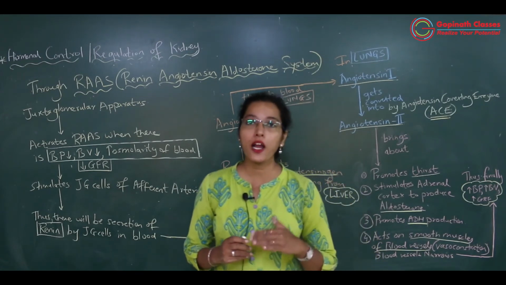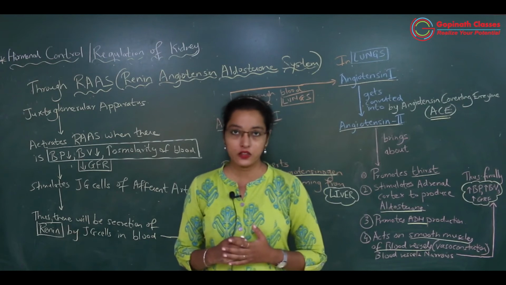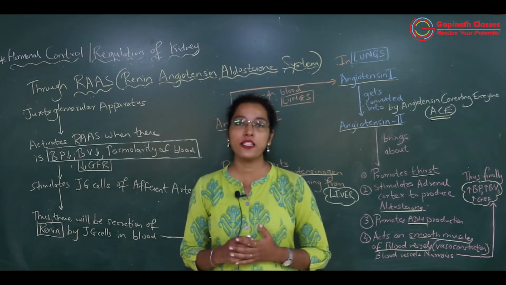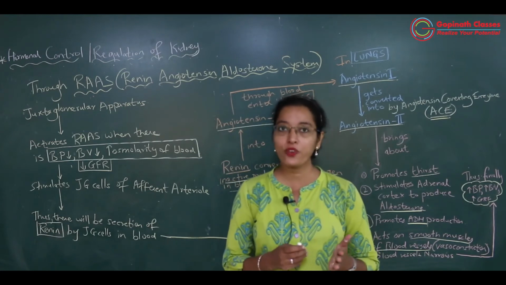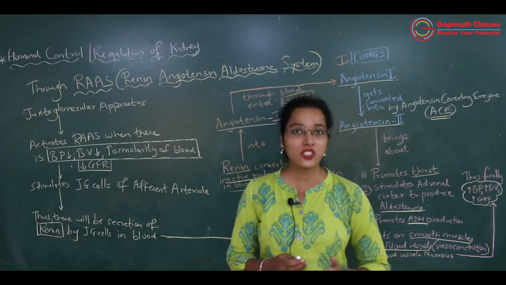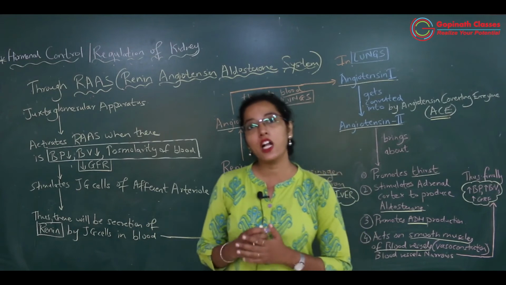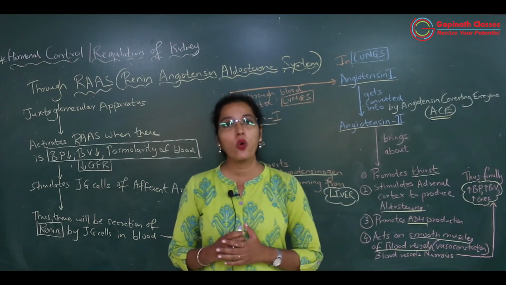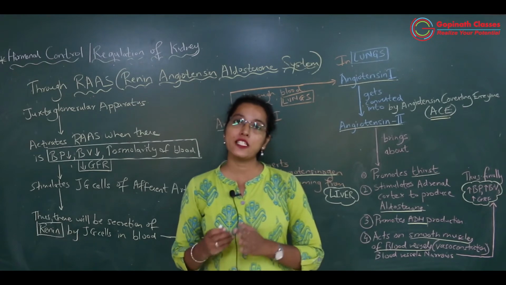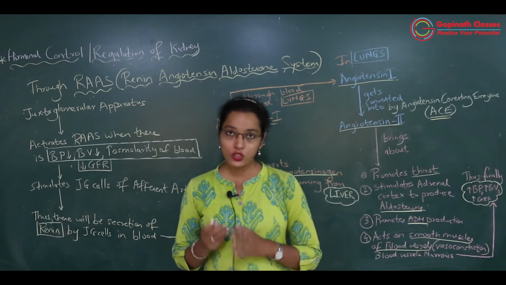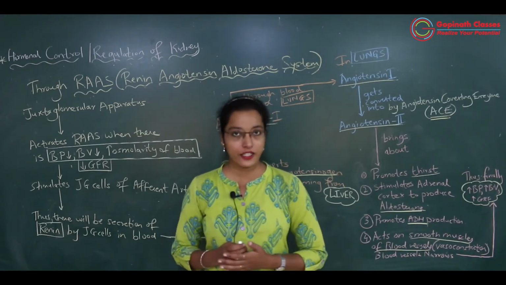Both are antagonistic to one another. Even aldosterone is doing the same function as that of ADH. ADH does vasoconstriction, similarly aldosterone also brings about vasoconstriction. So we can say that ANF is antagonistic to aldosterone and ADH.